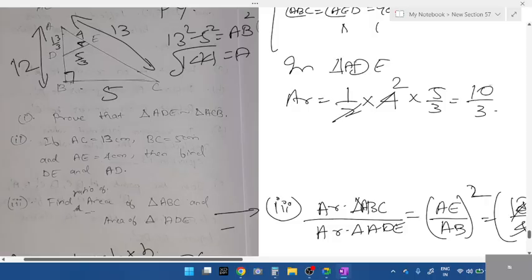What did you get, Tanishka? What did you write? How come 16 by 5? Okay, look at this and tell me, is this correct, right or wrong? 16 by 10.